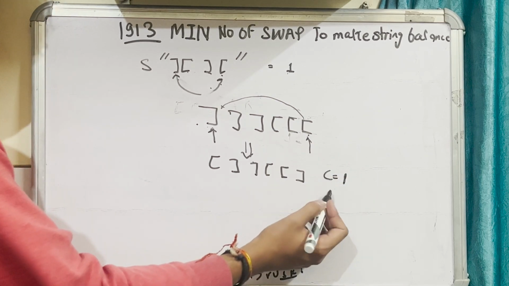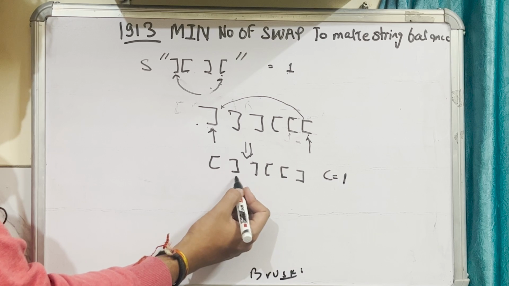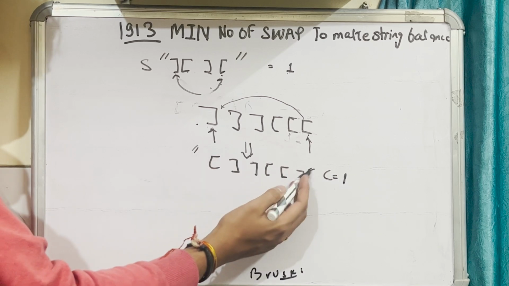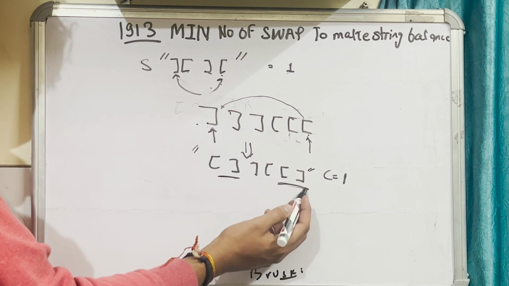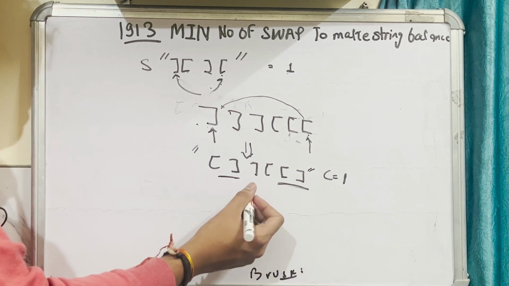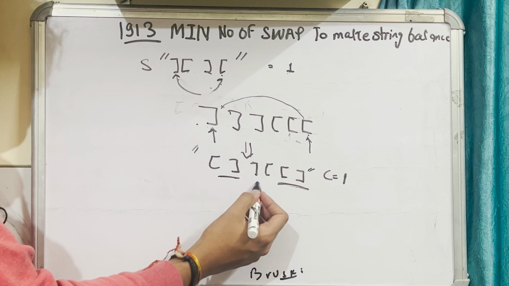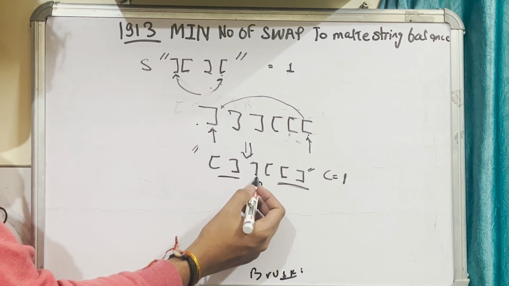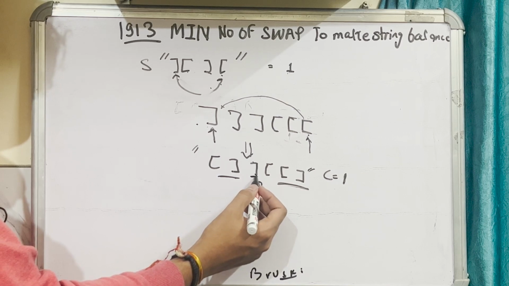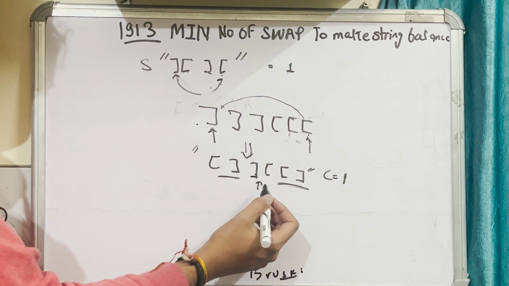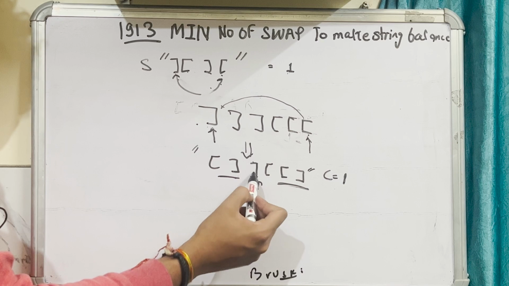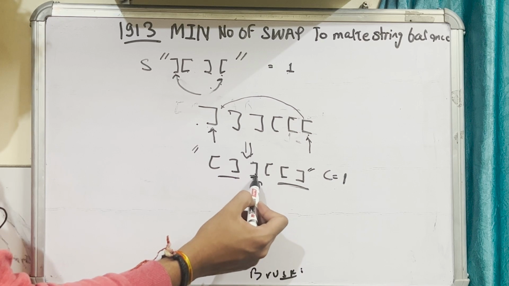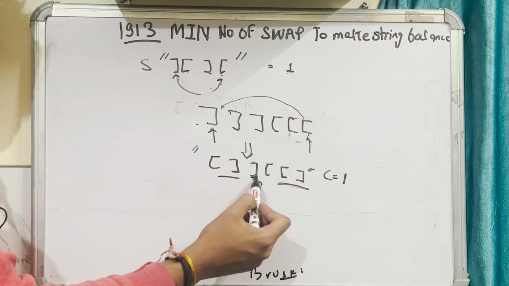Let's say count or c. As you can see, this part automatically became balanced. Now we came here, then we saw this closing bracket. Before this closing bracket there is no opening bracket, or you can see the count of opening brackets is less than the closing brackets. So what should we do?